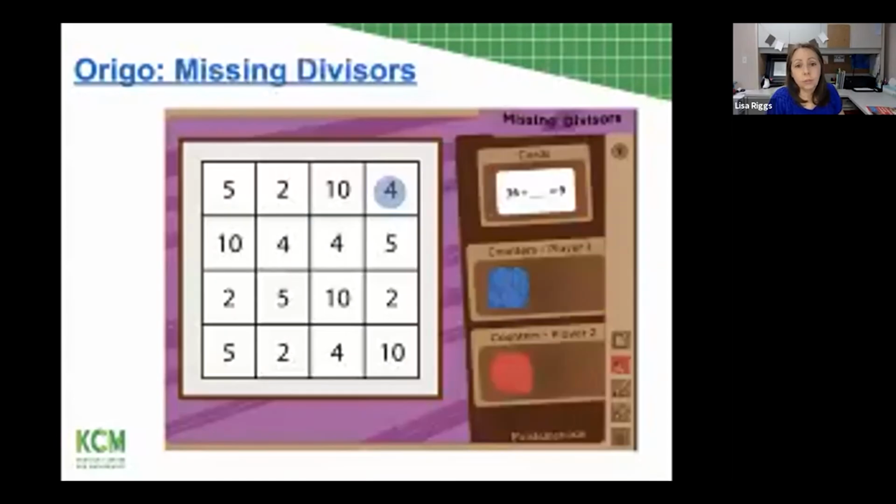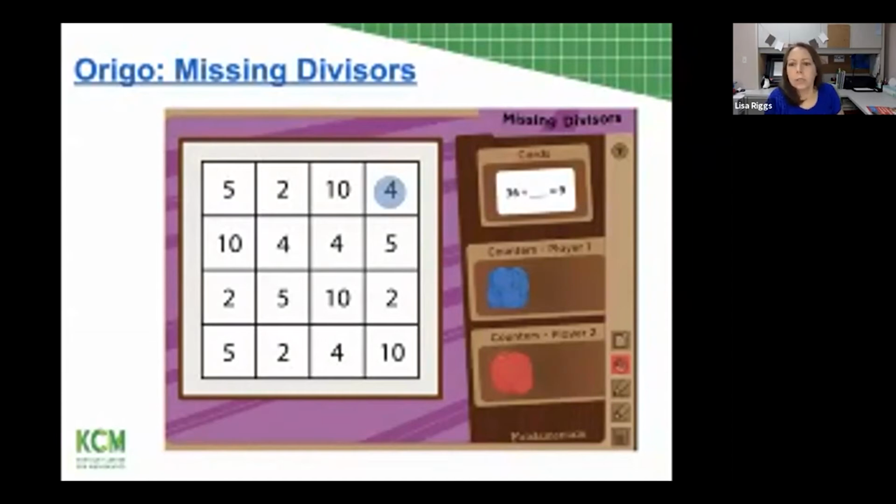But one of the things that our Red Book pointed out is once kids have their conceptual understanding of doing things multiplicatively, we also want to do things with our division as well. And we can do those in parallel, and we don't have to do them in isolation. So this is kind of a similar game, except you're using division expression cards to play the missing divisor game as well.